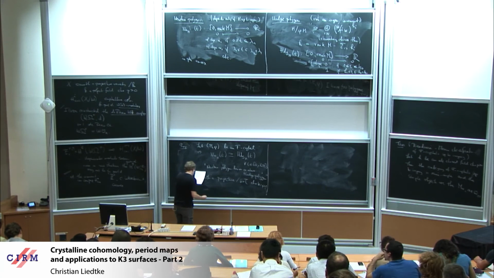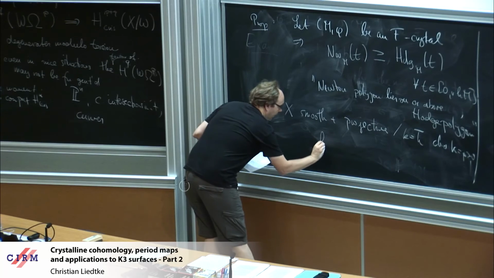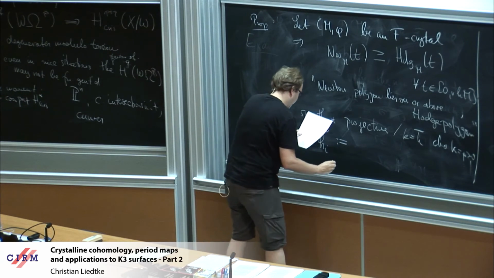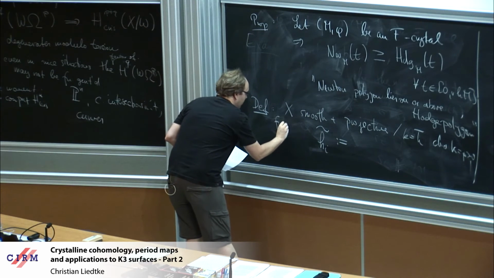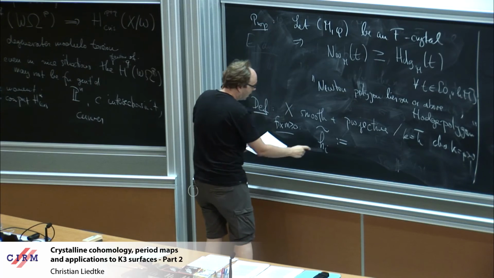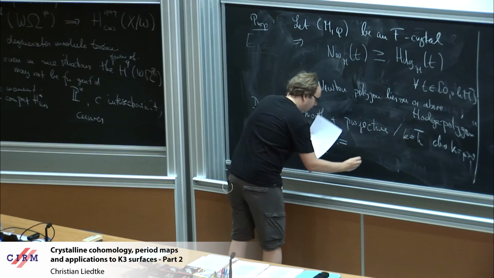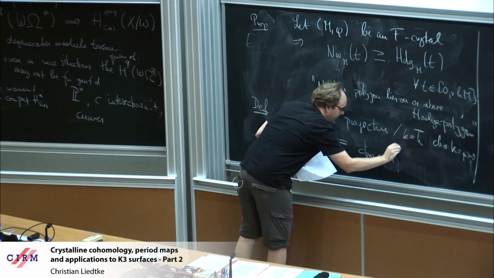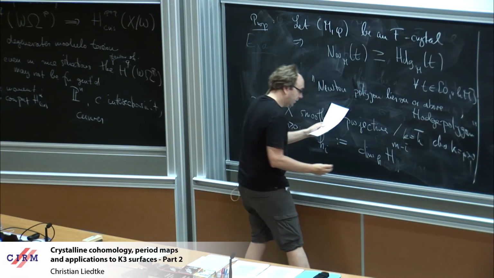So what you say is, fix a non-negative integer m, and I define h^i twiddle to be the k-dimension of this.